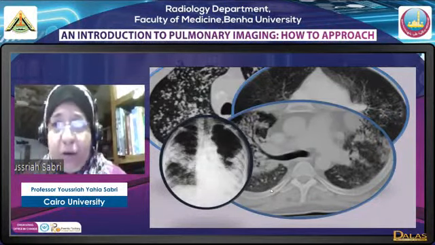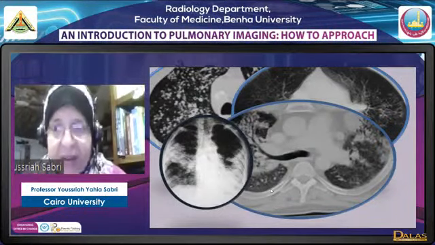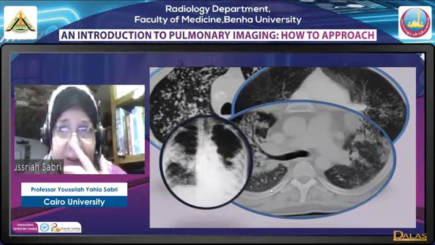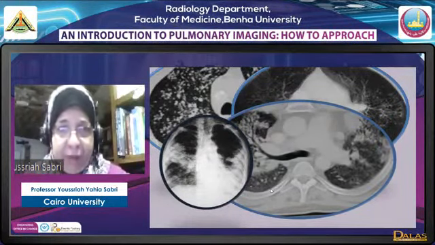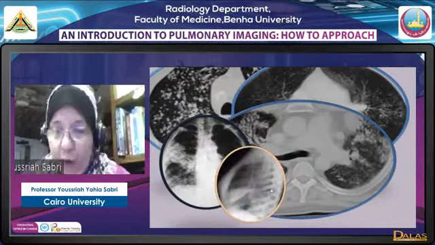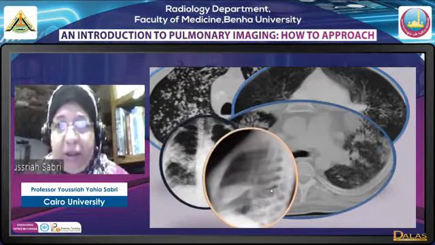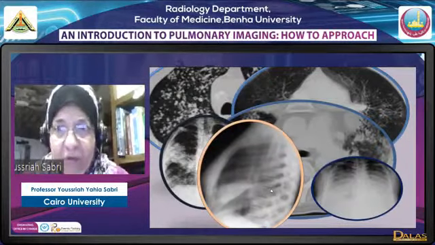This lung opacity could be consolidation, could be collapse. Some malignancies may simulate this appearance, in cases of adenocarcinomas and lymphomas, etc. Sometimes. Anyway, we may have a lobar distribution of consolidation. We may have diffuse bilateral distribution of consolidation.